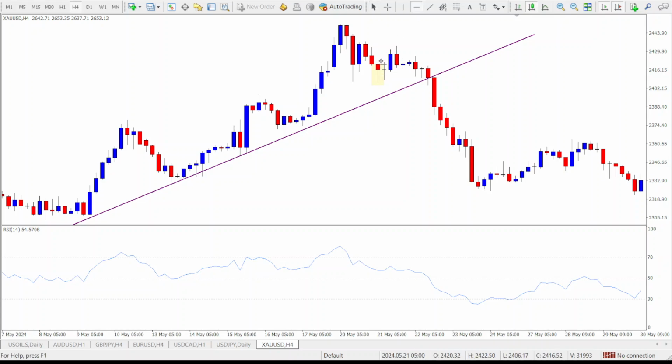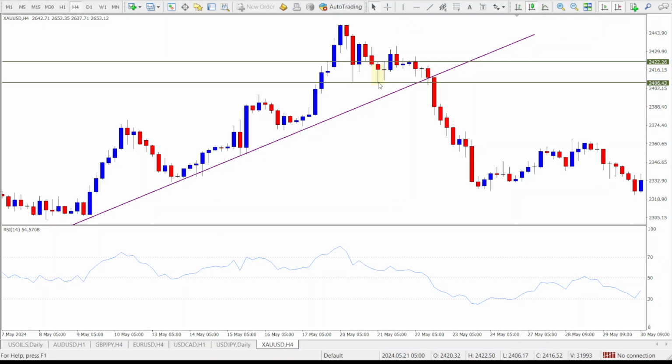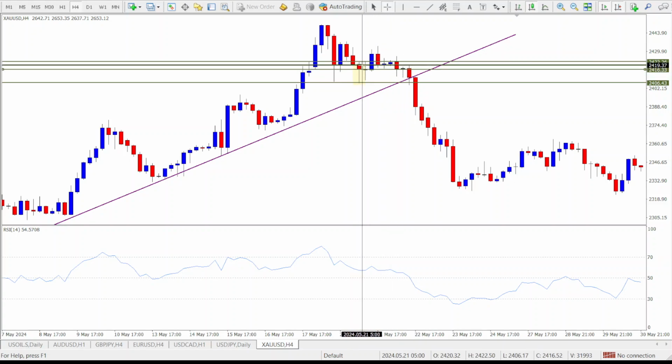Don't forget that this is the high of the candle, this is the low of the candle. Now this is a bearish candle, so this is the open of the candle and this is the close of the candle. What this means is that during this particular session, the bears were in control.